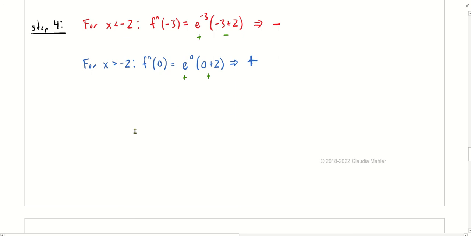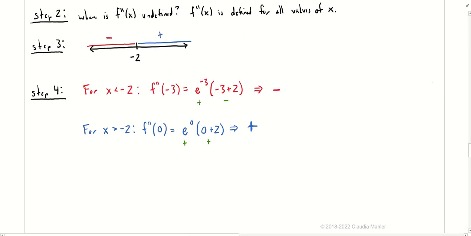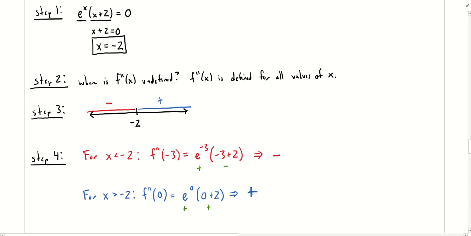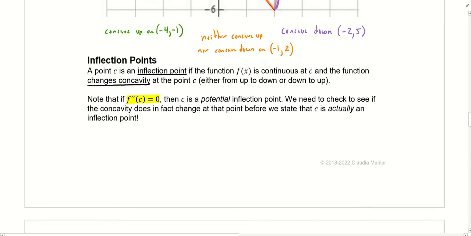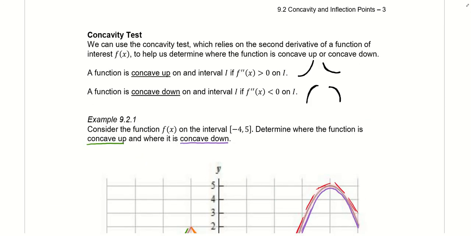Now, finally, I can state my conclusion. I have noted where my second derivative is positive and negative. And so by the concavity test up here, I can say that my function is concave up where my second derivative is positive, and concave down where my second derivative is negative.